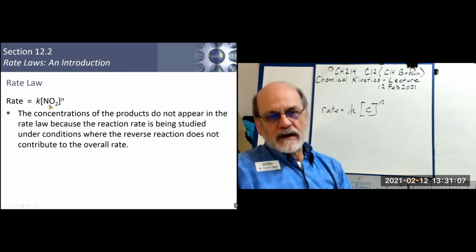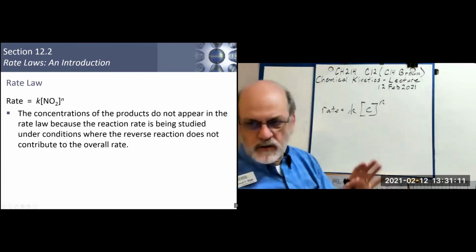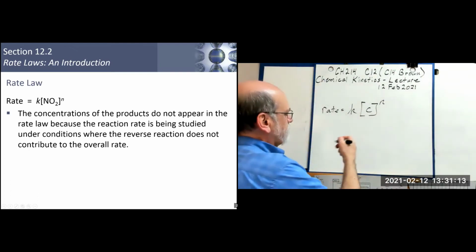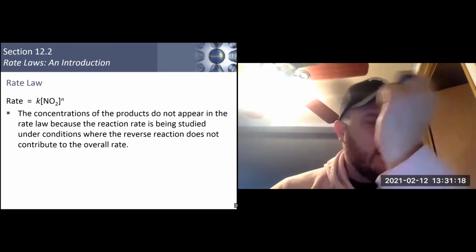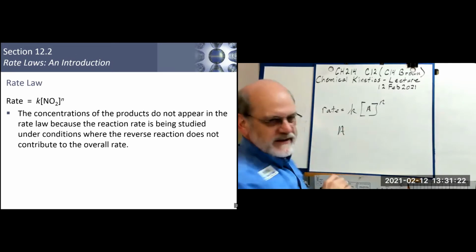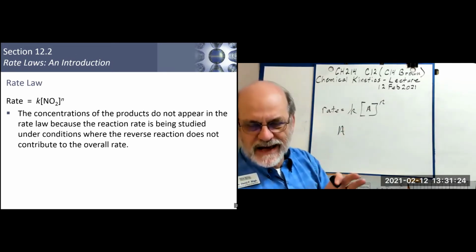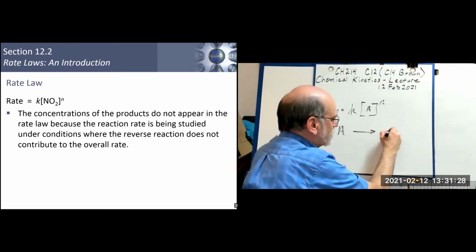Now, typically what we do when we study these reactions, let's change that to A for this reaction. Let's keep it simple. Let's say we're just going to study A and it's becoming something else, products.